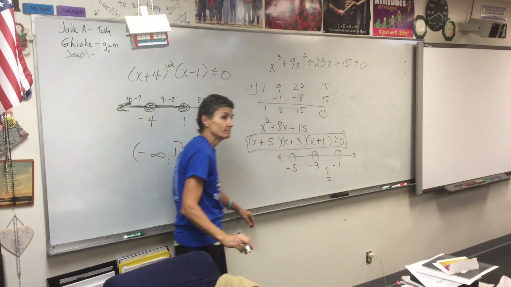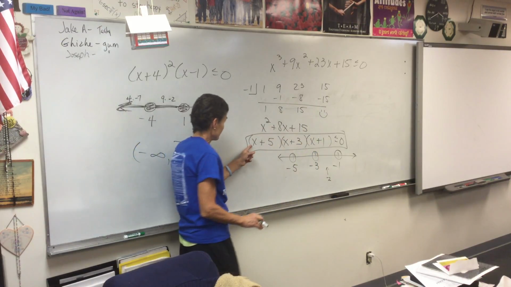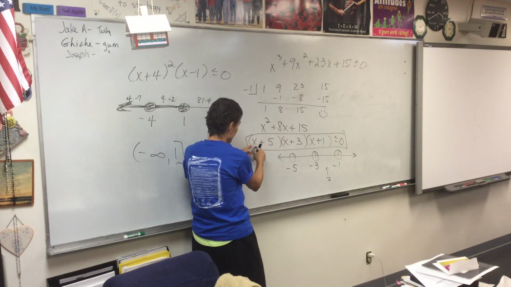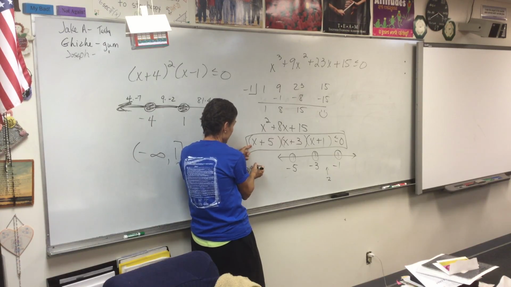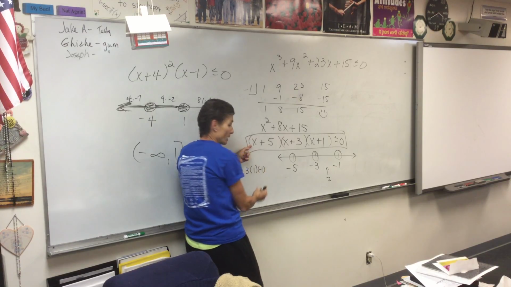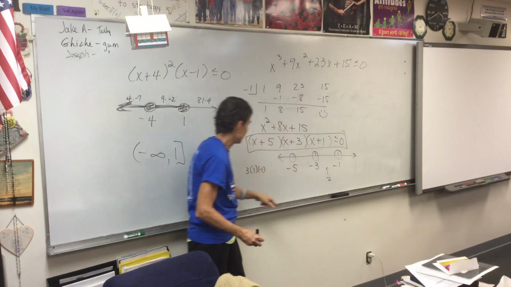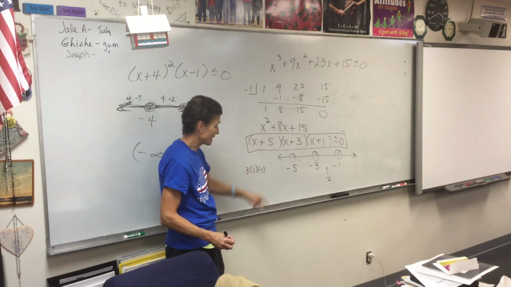Everybody okay with that? So I'm going to put -2 in. Putting in -2, I would get 3 times 1 times -1. If I put -2 in all these parentheses, what's 3 times 1 times -1?